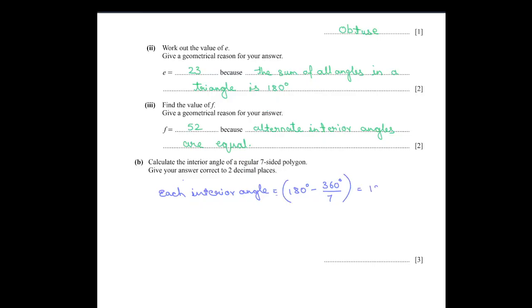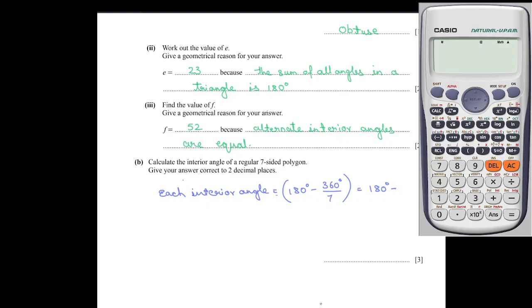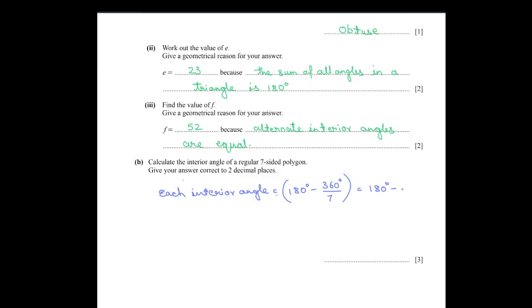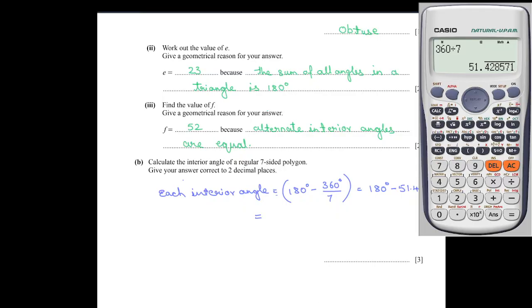So 180 minus 360 by 7. 360 divided by 7 is equal to 51.4285. So subtract this from 180.